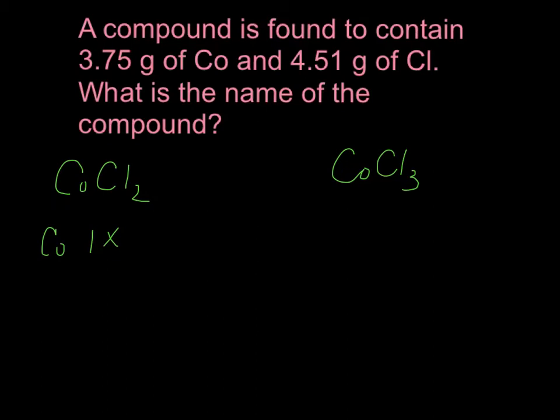So I'm going to start by figuring out the percent composition of each one of these. And again, I'm looking up the molar masses of each. Okay, and I'm going to get the total here.